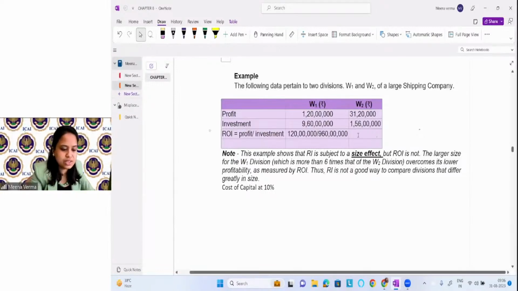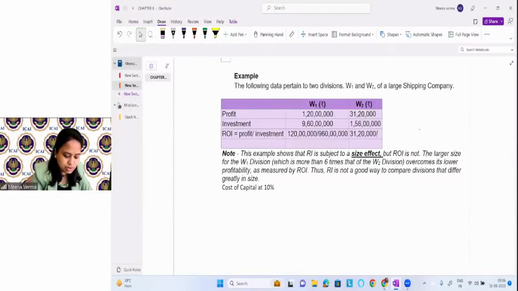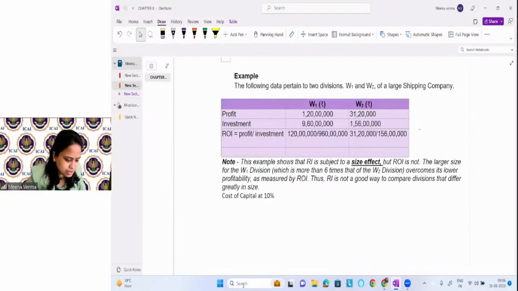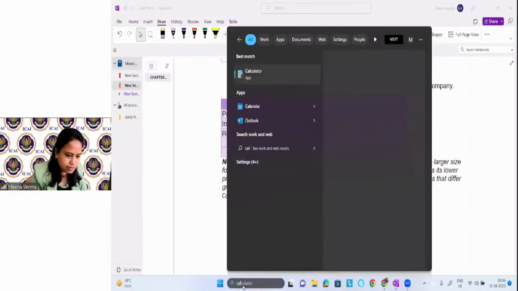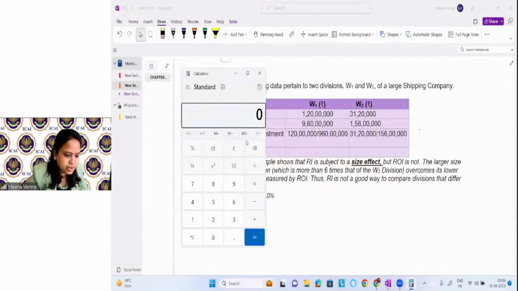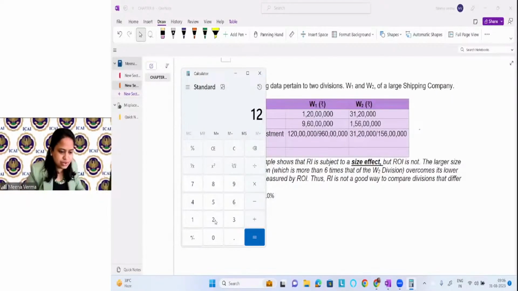Now, if I consider the second one, 3120 is the profit, and the investment is 16. You can find the value here. What is the return on investment? 120 divided by 960.